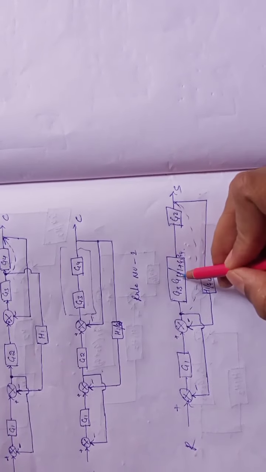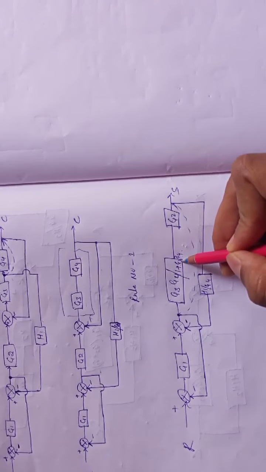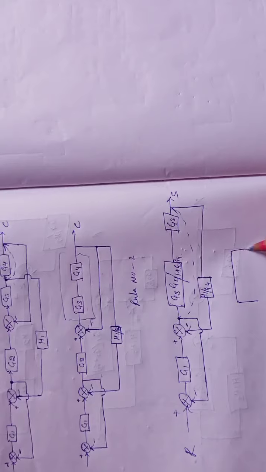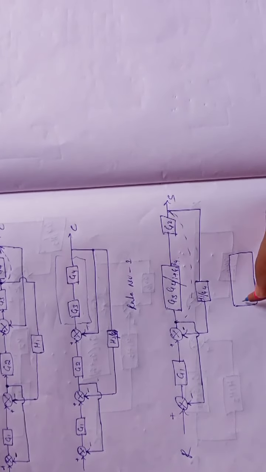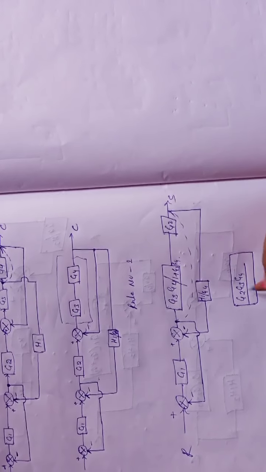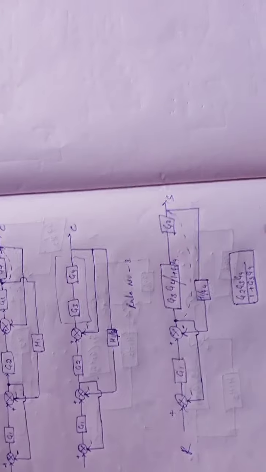It means these two in cascade give G2 G3 G4 divided by 1 plus G3 G4. This becomes a single block.